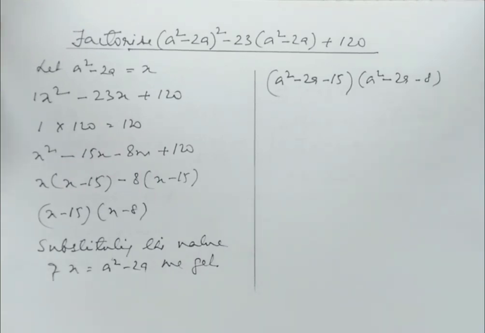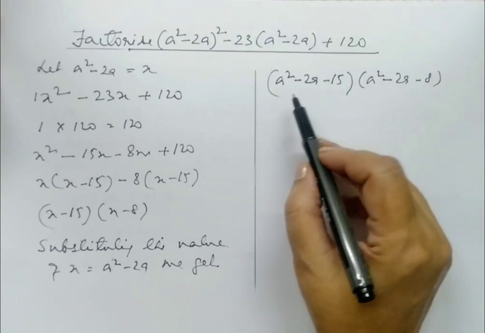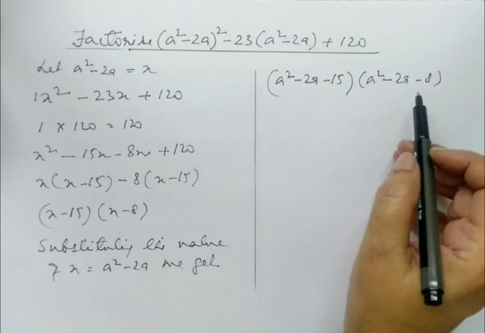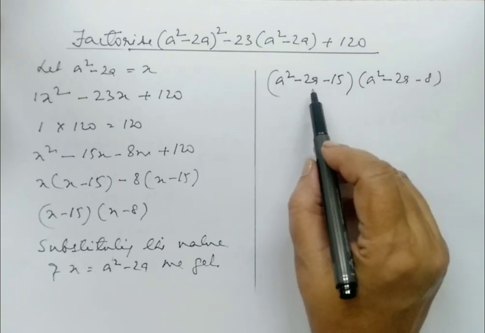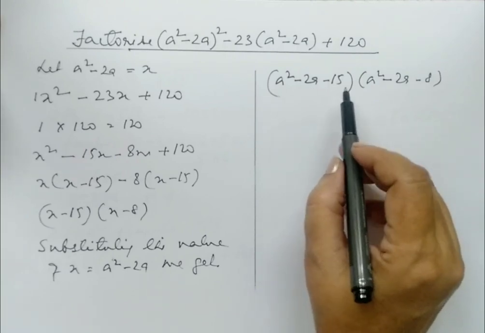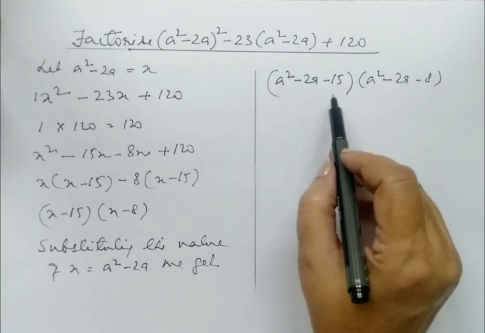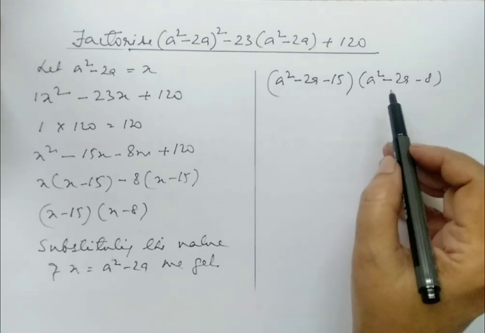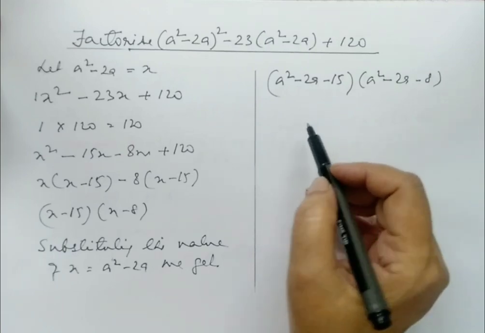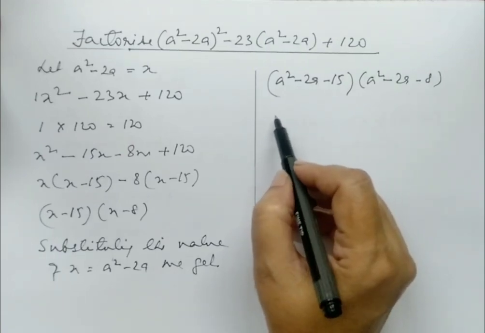So guys, I want to inform you that this is not the final answer, because what I can see is a possibility that we can again split this 2a in a manner that we can have some more factors available to us. And how that is going to be, let me just show it to you.